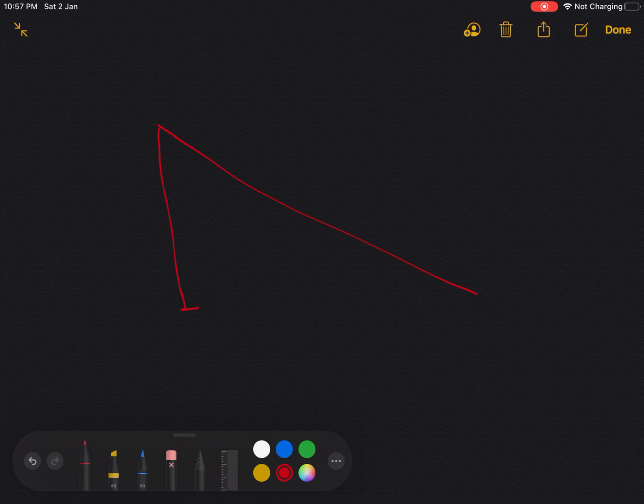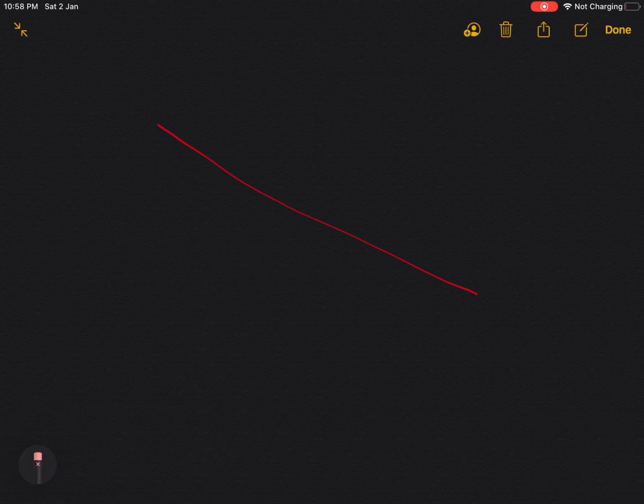Let's consider a right angled triangle. For it to be a right angled triangle, of course one of the angles should be a right angle. Let's create this angle here and call it alpha.